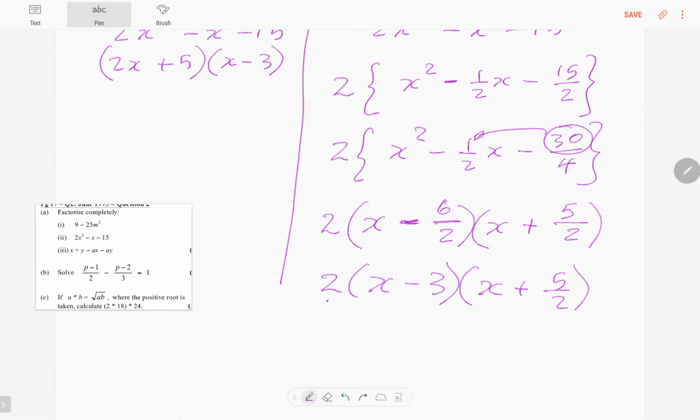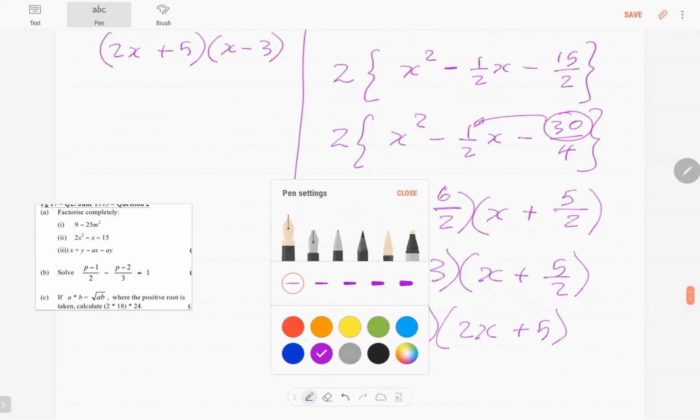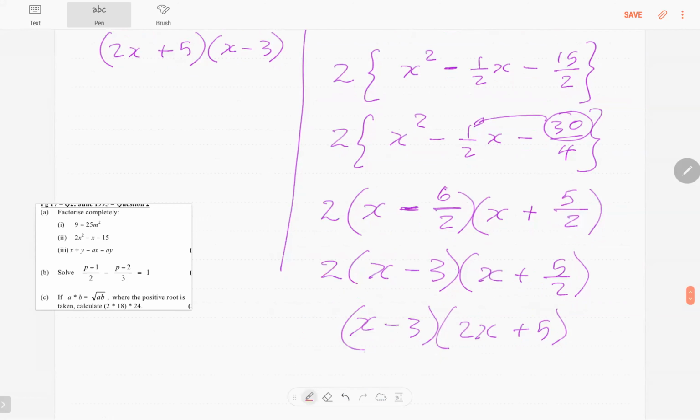So I end up with x minus 3, the 2 times x right here is 2x, and the 2 times 5 over 2 is 5, so I get plus 5. So I get the same two factors: x minus 3 and 2x plus 5.